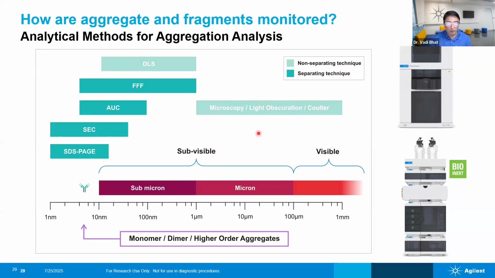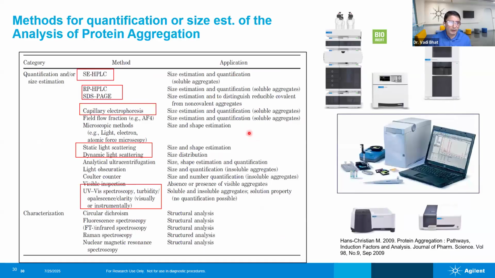So now, just showing here in this slide, as I mentioned, different technologies will be used. Typically people are using size exclusion chromatography or light scattering, and I will also show some information on how it can be done. I'm not talking about the characterization here using some of these spectroscopy based methods.